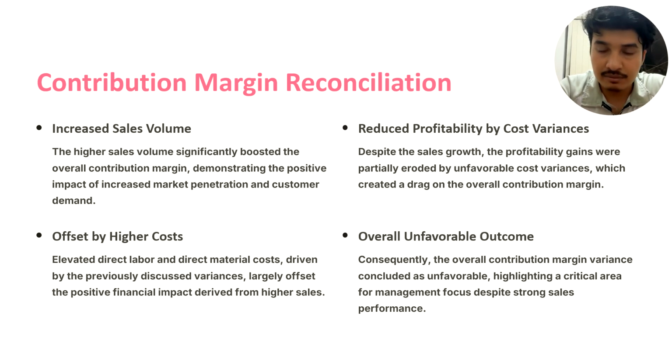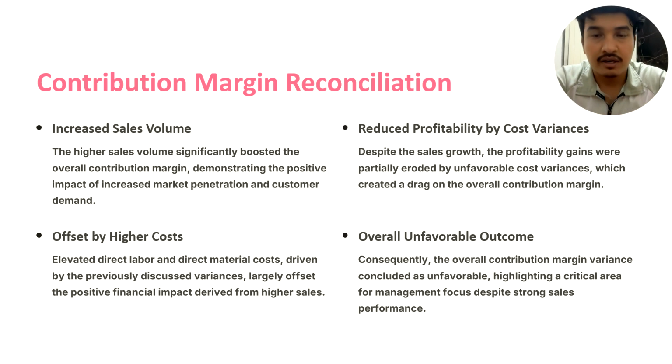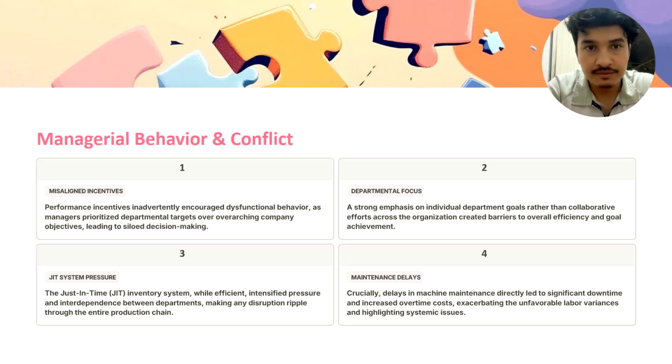As a result, even though sales performance was strong, higher production cost reduced profitability. Therefore, when we reconcile the contribution margin, the final outcome is an overall unfavorable variance of $21,580. Now let's move on to the next slide.